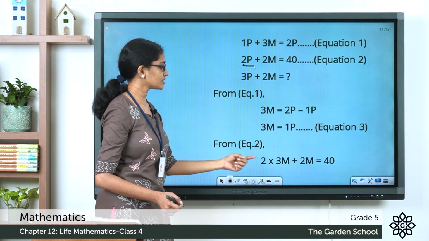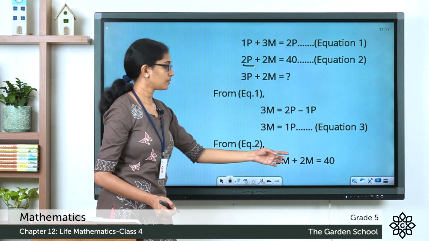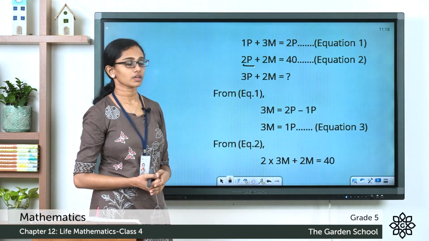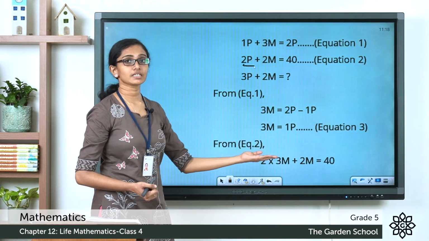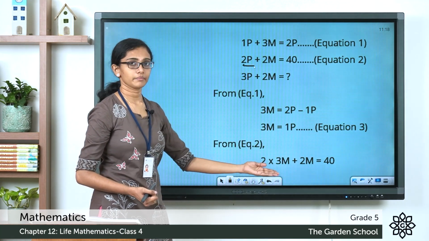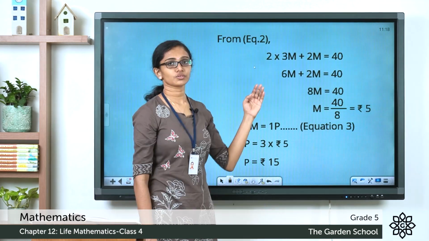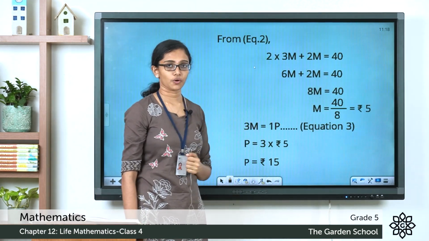So, 2p becomes 2 into 3m plus 2m is equal to 40. So, 2 into 3m means it is equal to 6m. So, here it becomes 6m plus 2m. So, 6m plus 2m is equal to 40.